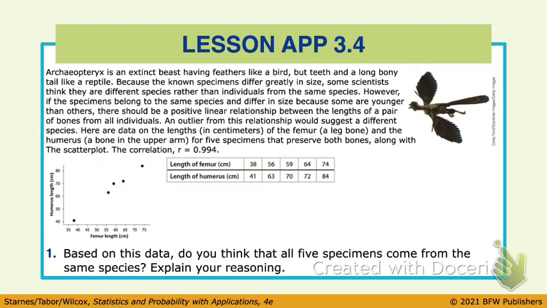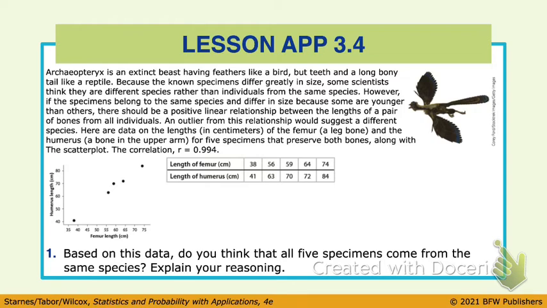Because the known specimens differ greatly in size, some scientists think that they are different species rather than individuals from the same species. However, if the specimens belong to the same species and differ in size because some are younger than others, there would be a positive linear relationship between the lengths of a pair of bones from these individuals. An outlier from this relationship would suggest a different species.